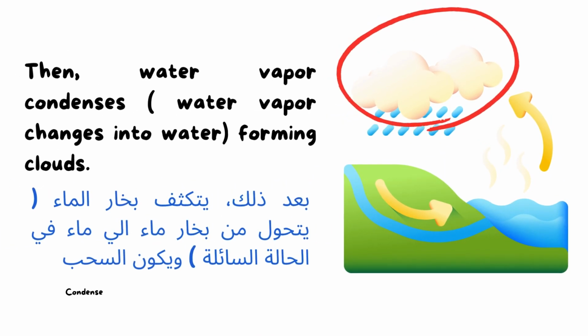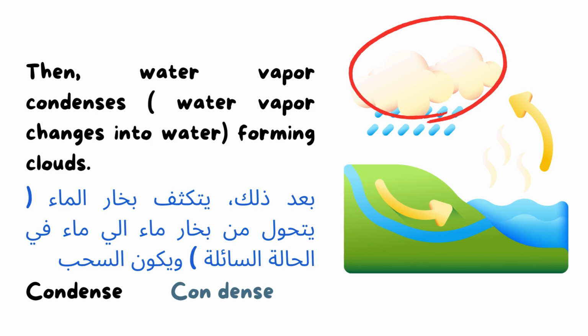Then what happens? The water vapor condenses. What is the meaning of condenses? It changes into water again in the liquid state, forming clouds. The clouds that we see in the sky are the water that condensed from the water vapor, so the clouds contain water.